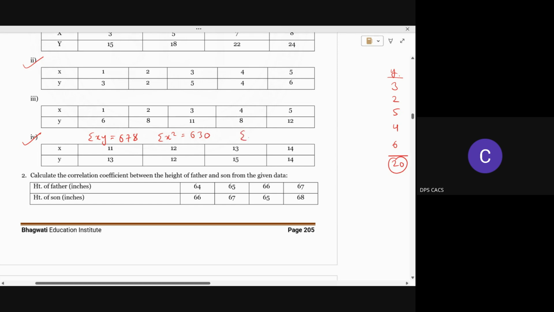Total of the y square column, 734, do it on your own and then apply the formula. I need the total of the x column and y column also. 50 is the total of the first one. 54 is the total of the second one, right?